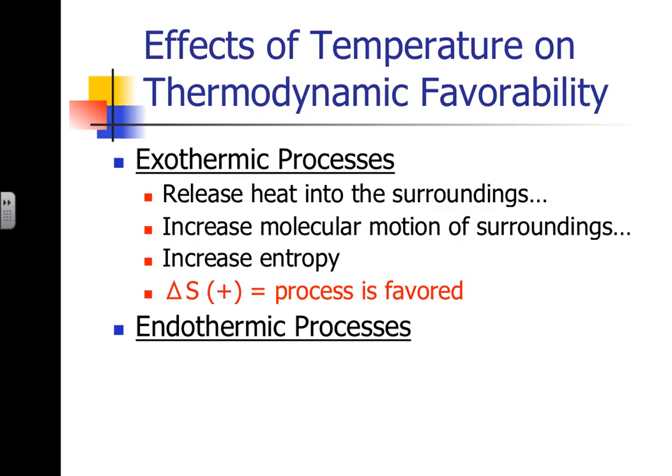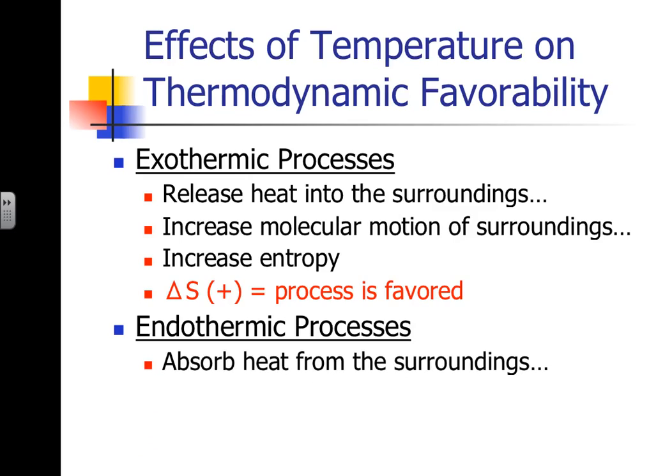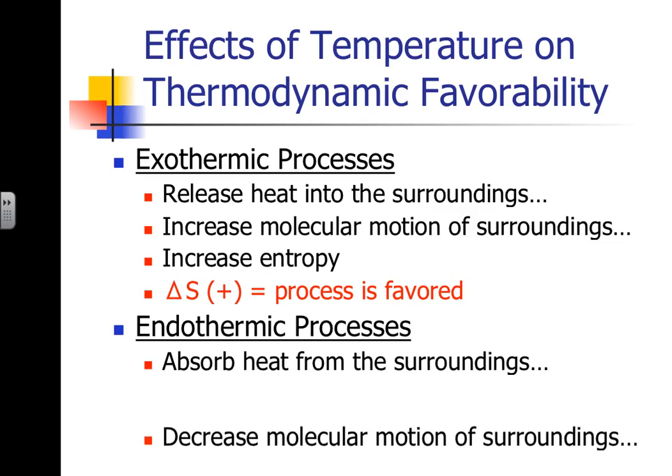We had to memorize the H ones, right? H negative, exothermic. H positive, endothermic. Here now we have S positive. It goes with the exothermic part, and it is a favored process. Whereas your endothermic is going to be opposite. A positive delta H absorbs heat from the surroundings.